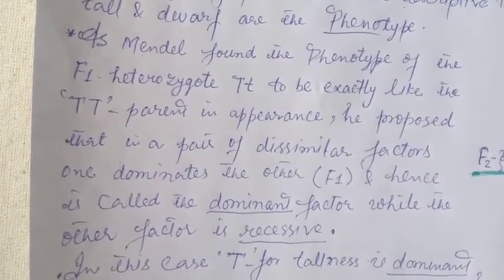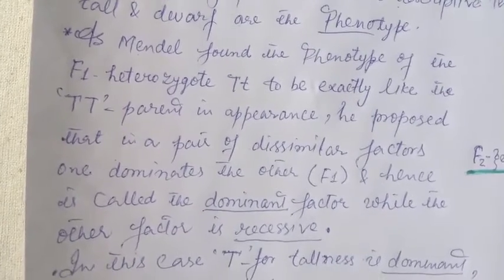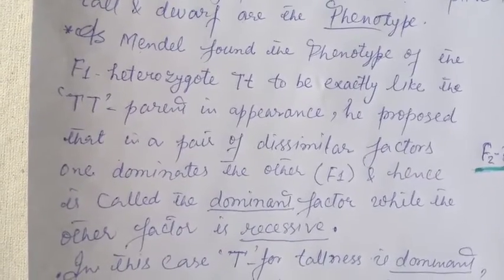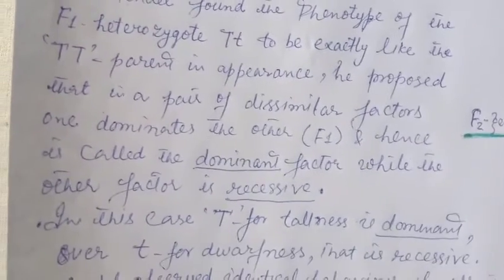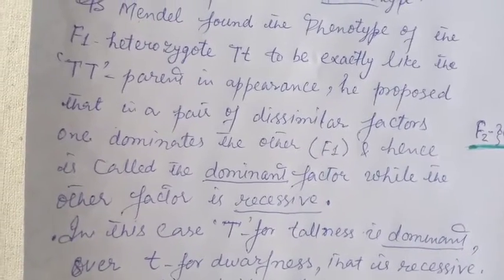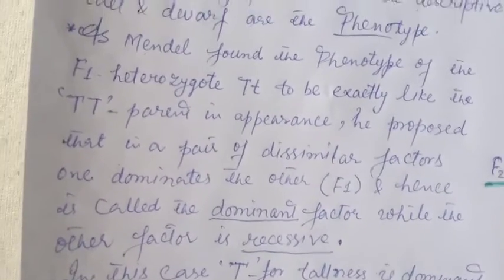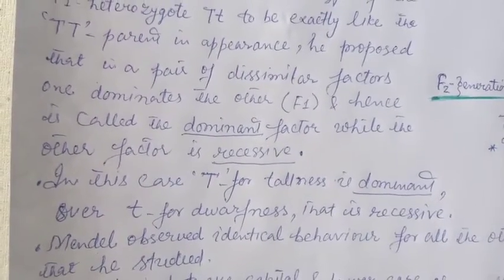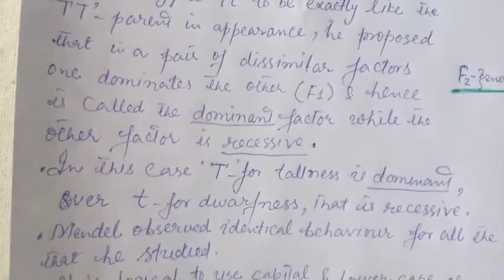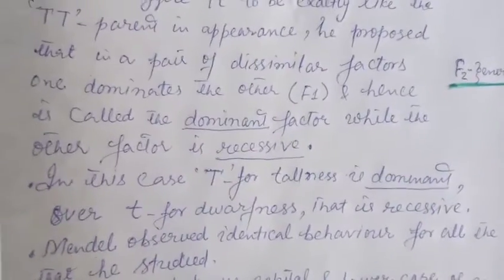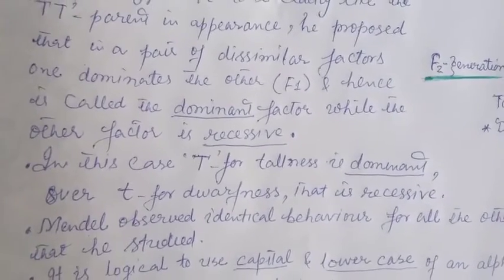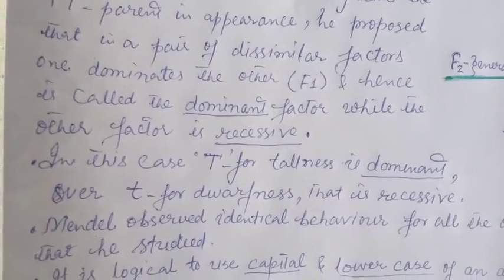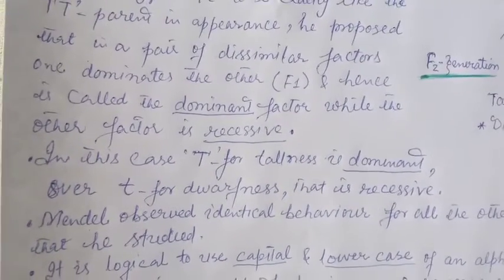The factor that dominates in the filial 1 generation is called the dominant factor, while the other factor that is not expressed in the F1 generation is the recessive factor. In this case, capital T for tallness is dominant over small t for dwarfness, which is recessive.